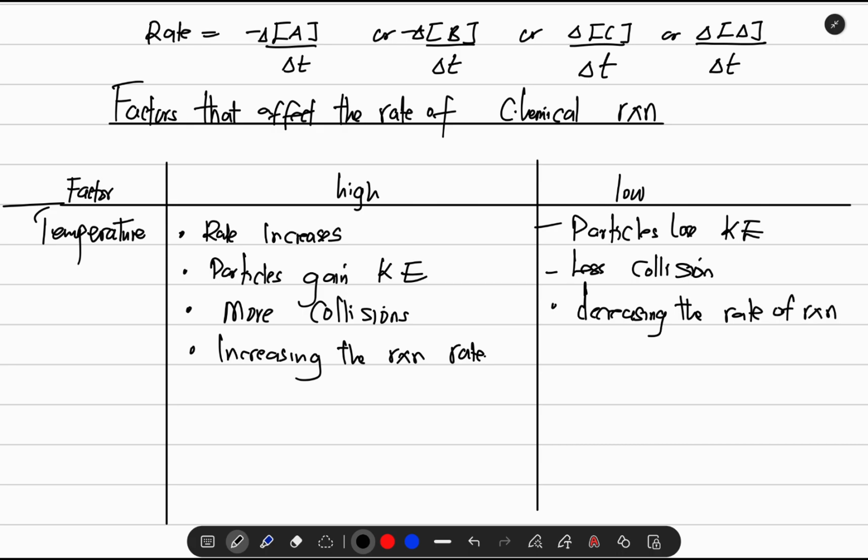So don't just say that a high temperature increases the rate, or I'll mark you wrong myself. Explain how exactly that happens. Kinetic energy must be mentioned, collisions must be mentioned, and how the rate is being increased.